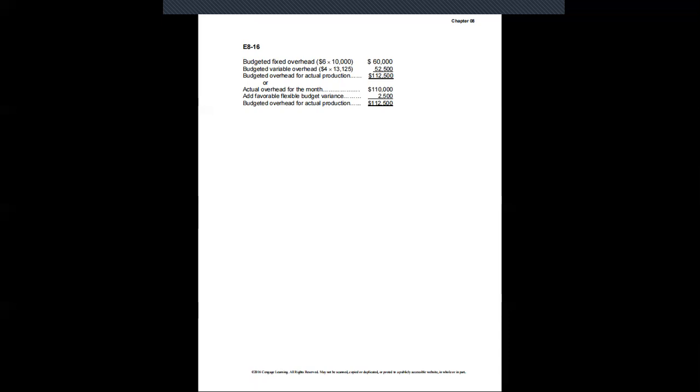The overhead application rate is $10 per unit, made up of $6 per unit of fixed overhead and 4 per unit of variable overhead. Normal capacity is 10,000 units. In 1 month, there was a favorable flexible budget variance of 2,500. Actual overhead for the month was 110,000.